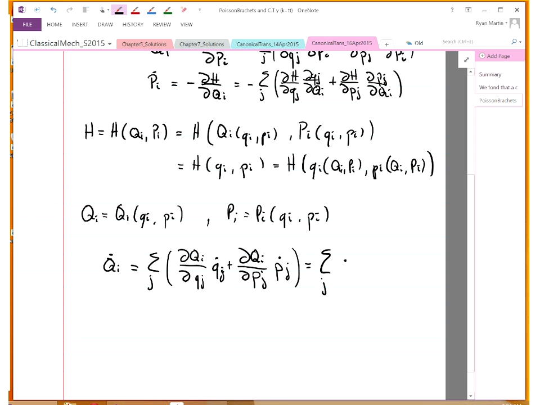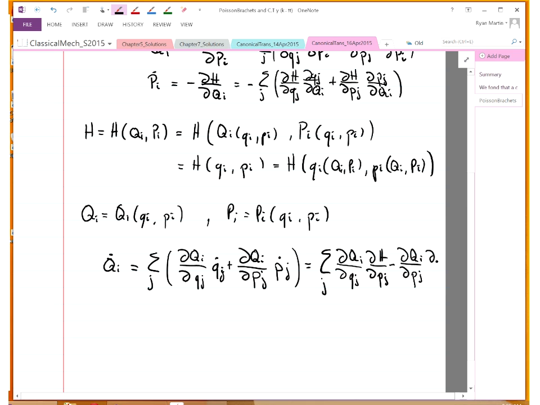Now I can insert the canonical equations in there, because I have a qj dot and I have a pj dot. And qj dot is given by the canonical equation, and so is pj dot. So that becomes the sum over j, so I have ∂Qi/∂qj.